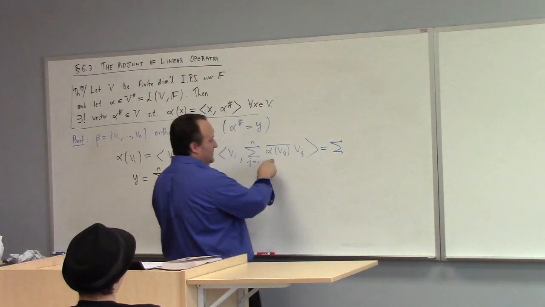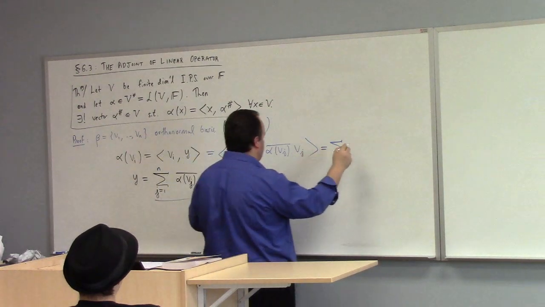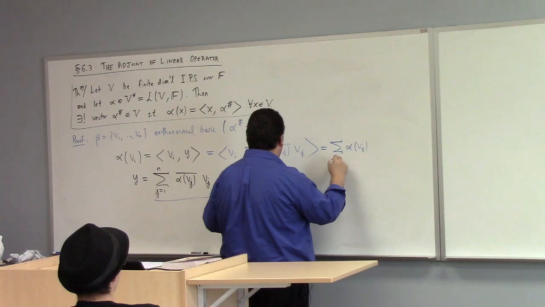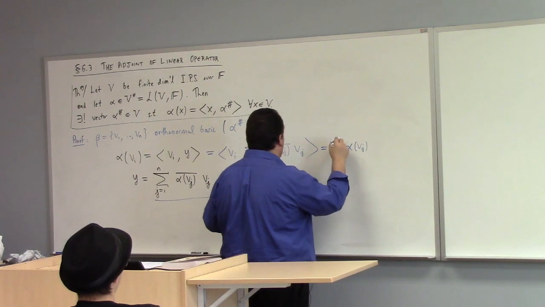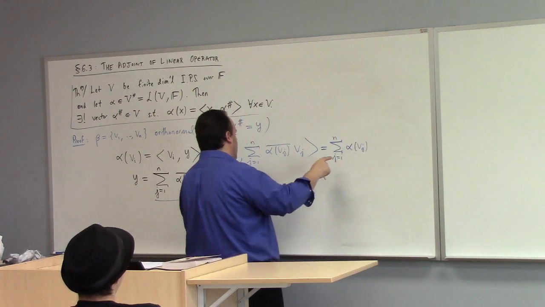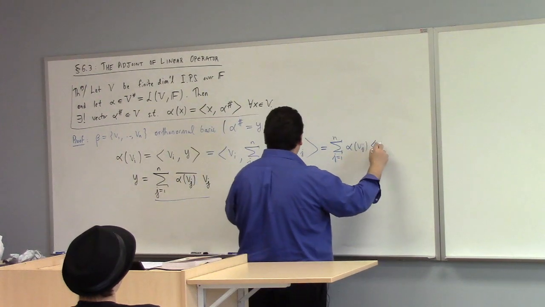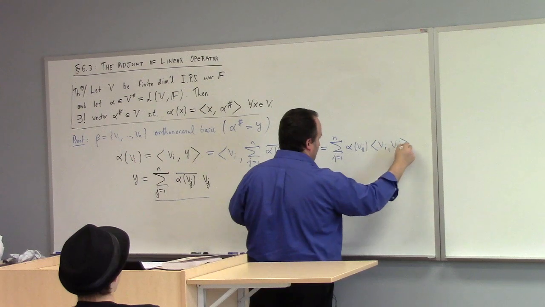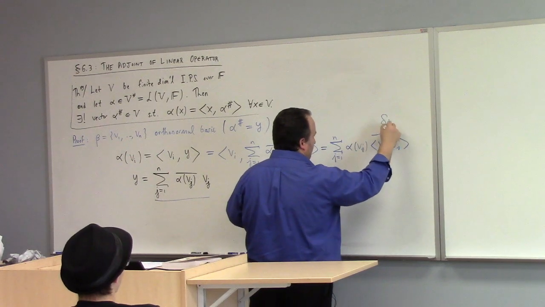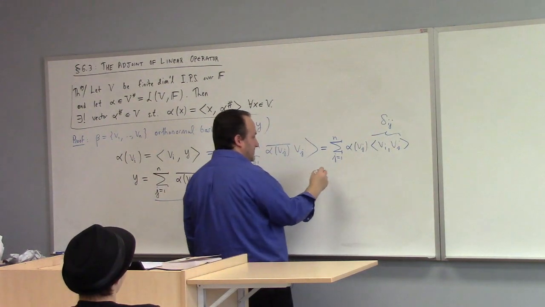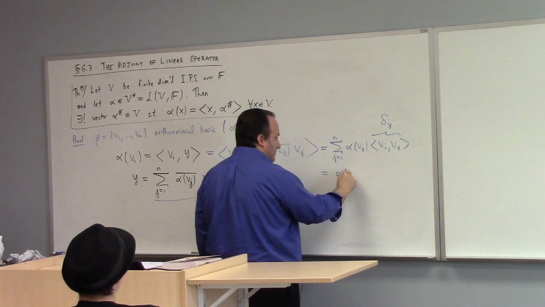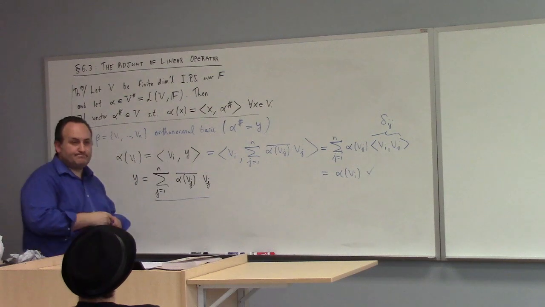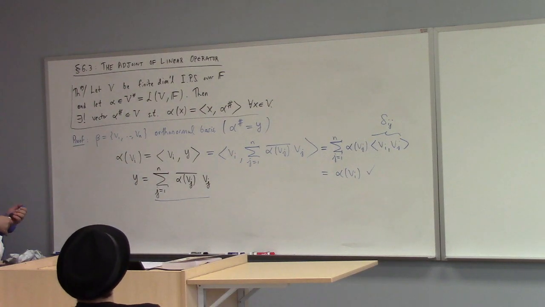And the complex conjugate of the complex conjugate is just the number again. When you do it twice, it's like you didn't do it at all. Then we're left with the inner product of v_i and v_j. But of course that is Kronecker delta ij, which just leaves us with alpha of v_i, which is what we want. All right?